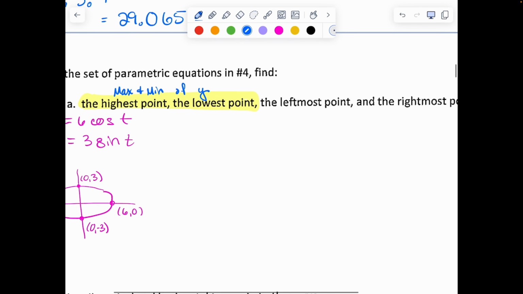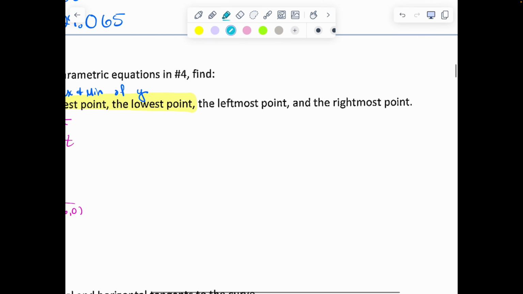If I'm looking at the left and rightmost points, those are the maxes and the mins on x. And if I want to know a maximum or a minimum, the extrema, then I use the derivative. I'm going to use a first derivative test to see when they equal 0 and test which ones go which way. So first I'll do my x's.